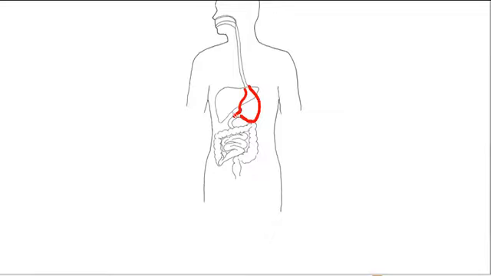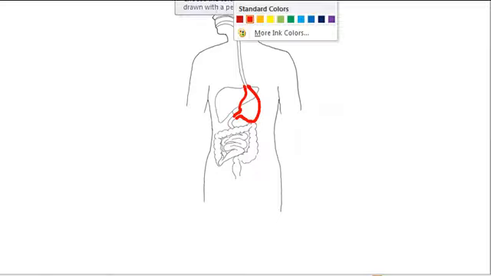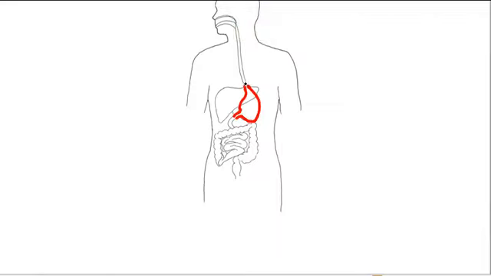And some people, with a little bit of imagination, like to say that it's a J shape. And at its entrance and exit, it has little sphincters that control what enters it or leaves it. So we're looking here at the stomach.